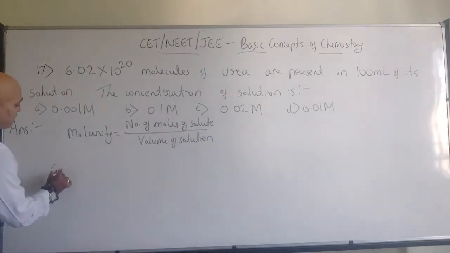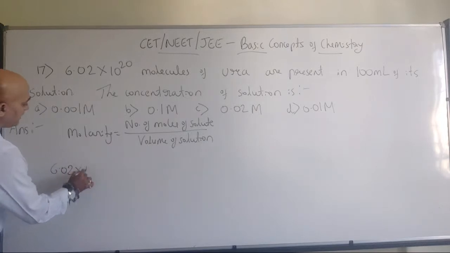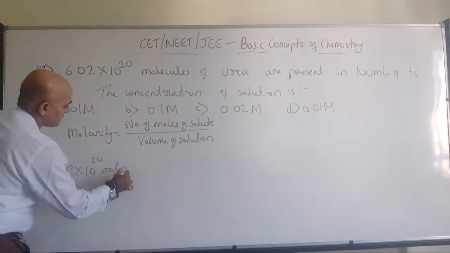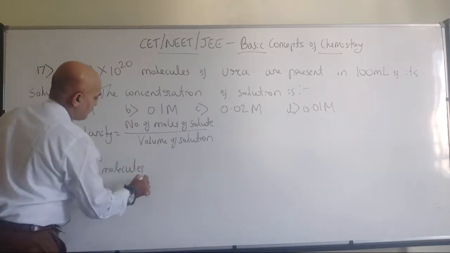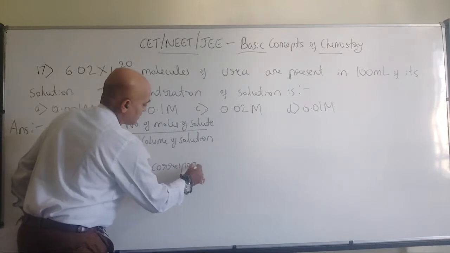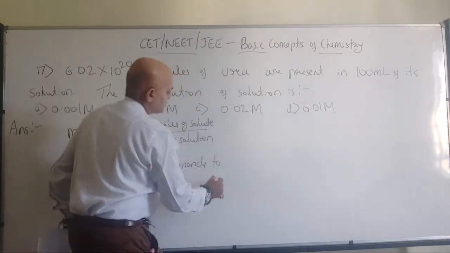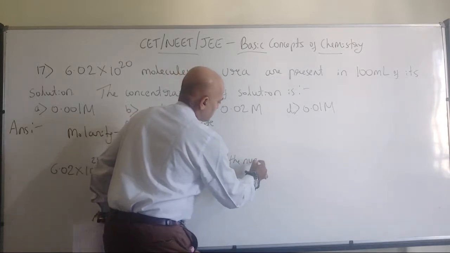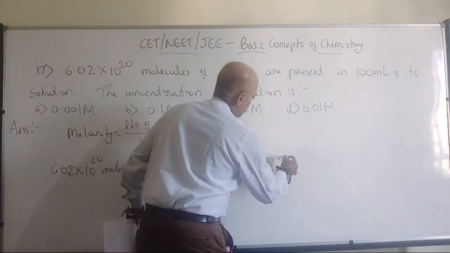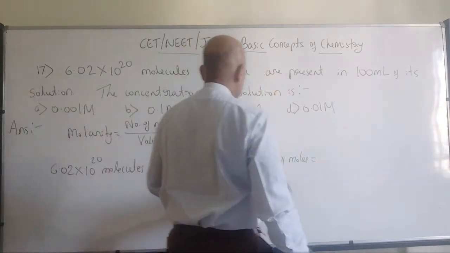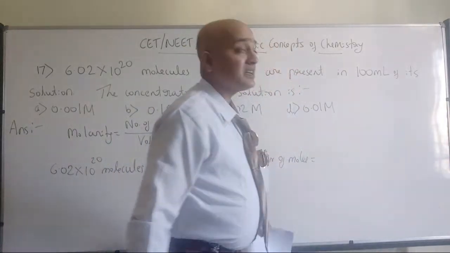So 6.02 into 10 to the power of 20 molecules corresponds to the number of moles equal to, so which information we should use?